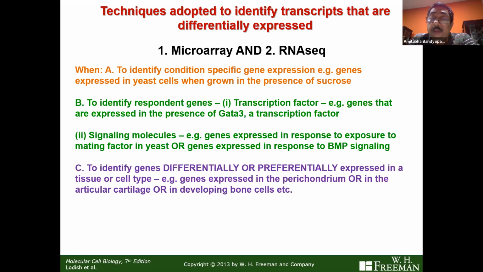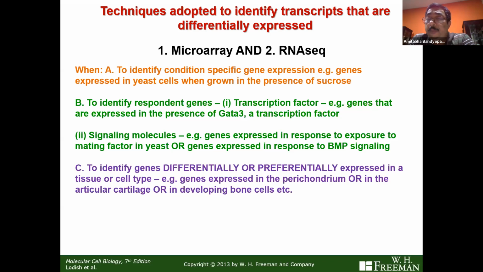Or signaling pathways. If you want to know the genes that are expressed when yeast cells are treated with a pheromone, that is a mating factor, or my favorite topic, if the cells are exposed to BMP ligands, what are the genes that are expressed specifically under those conditions?